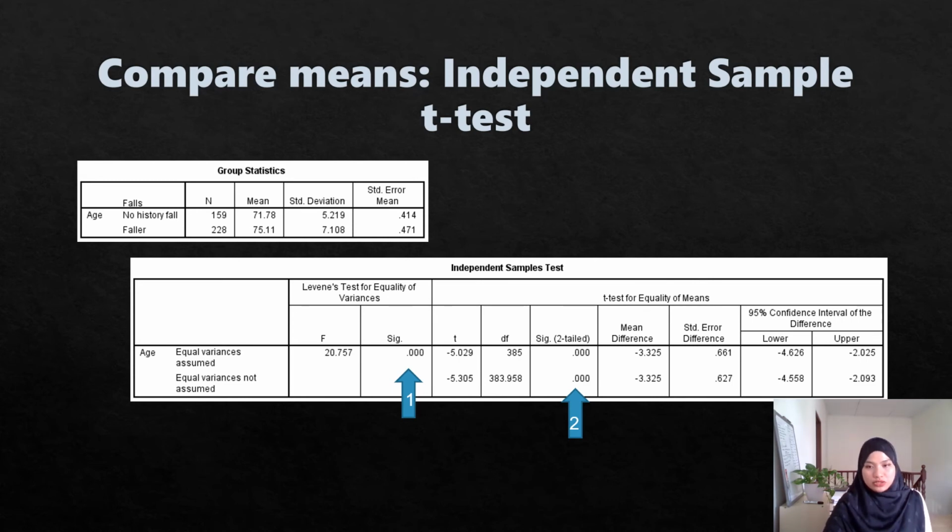We cannot use this one because our Levene's test is significant. Thus, we need to use the second one, the equal variances not assumed. But if your Levene's test is non-significant, you can use the first p-value here. Okay. So this is how we read independent sample test output.